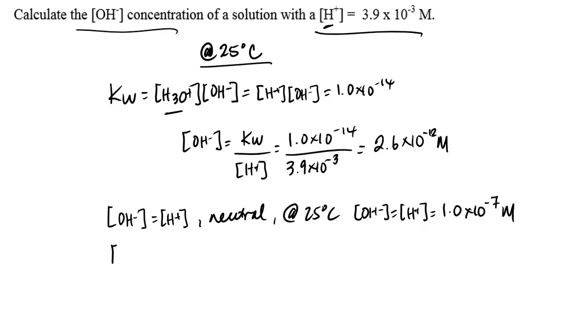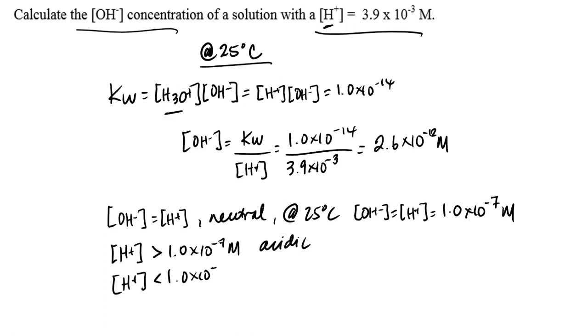So if I have a hydrogen ion concentration in a solution that's greater than 1.0 times 10 to the negative 7th molar, then that would mean that my solution is acidic. But if I have a hydrogen ion concentration that's less than 1.0 times 10 to the negative 7th molar, then we consider that solution to be basic.